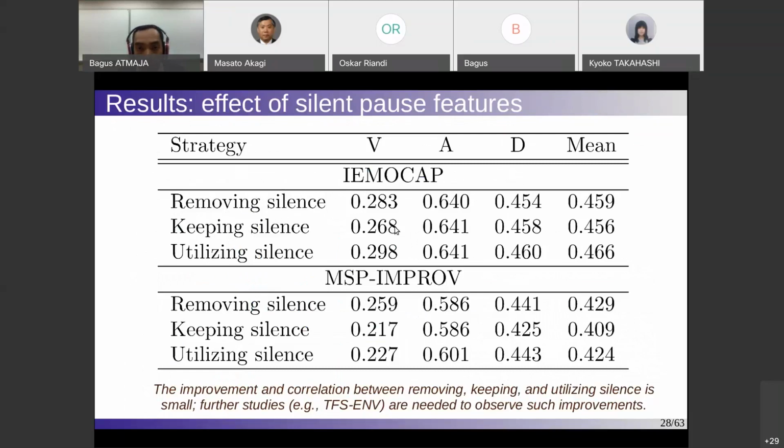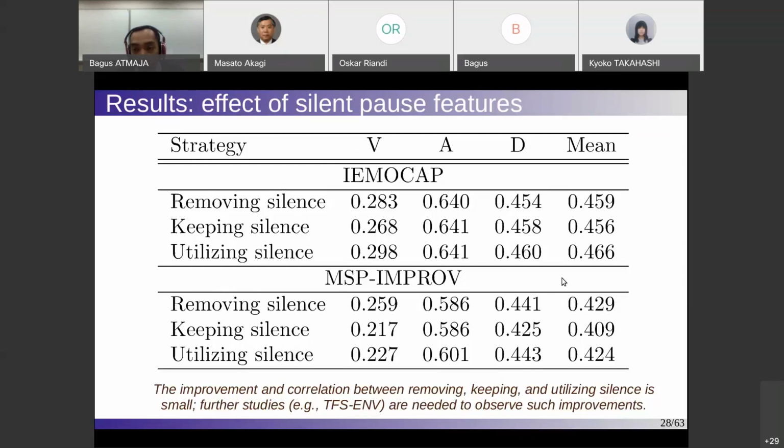So we can see here that silence affected the performance of emotion recognition in both datasets, in the IEMOCAP dataset and in the MSP-Improv dataset. And also in the MSP-Improv dataset, the result of removing silence is the highest one, while in the previous one the highest is by utilizing silence.